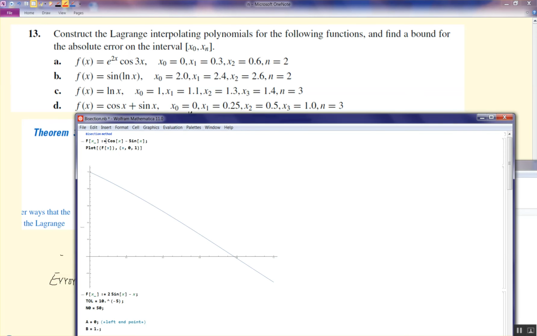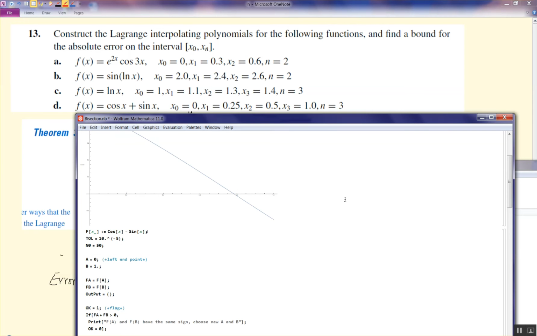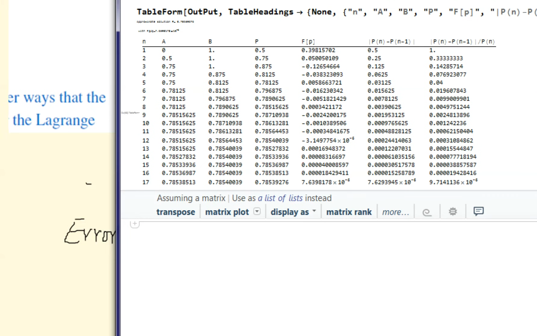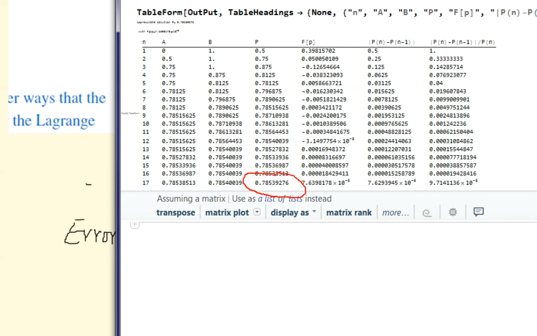Sorry about that. The roots I look for should be of cosine x minus sine x. I did not update that, so this will be the updated one. So let's run that again. So what is p? p is 0.7853926.